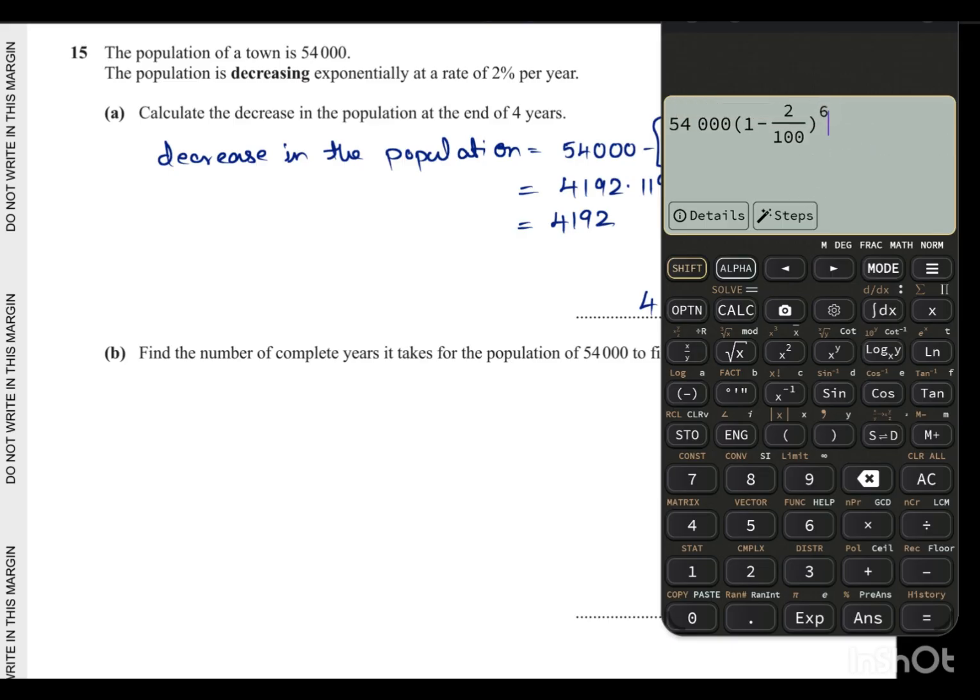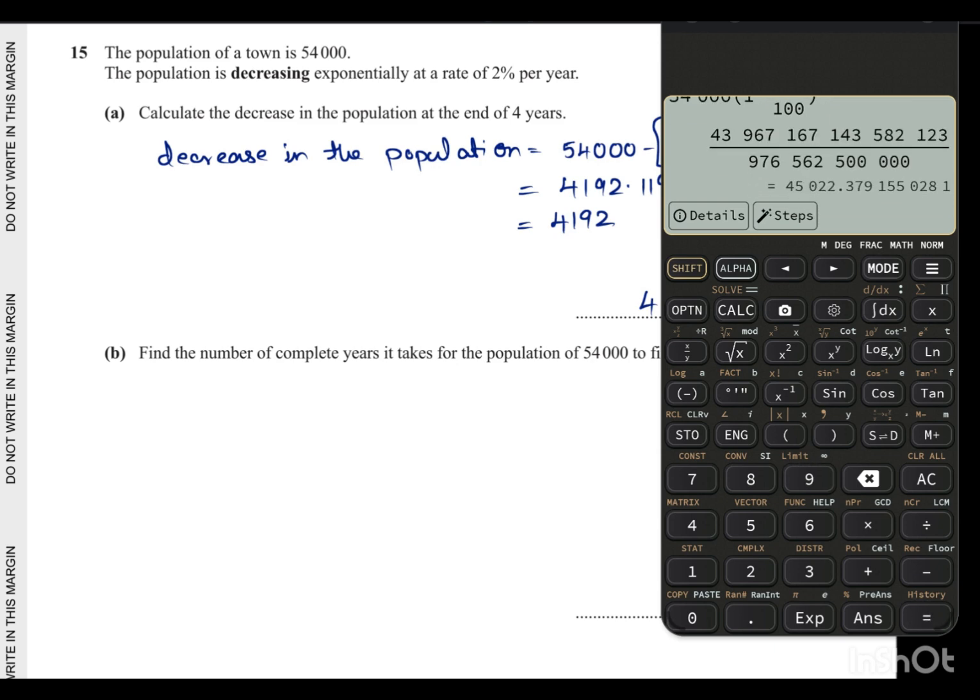Let me increase the number. Let me take it as 8. 8 is, again, 45,941. It has to go below 44,000. Let me change this number again. Let me make it 9.